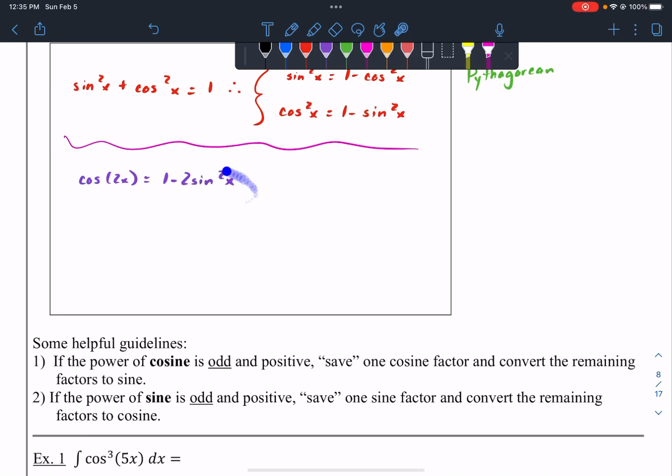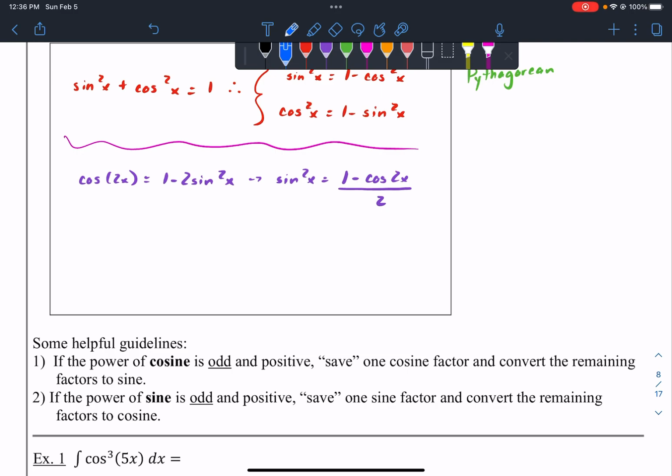So this identity can be used to manipulate this sine squared. We would have to do a little bit of subtraction and a little bit of division. And what we would end up with is sine squared is going to be equal to 1 minus cosine of 2x, and then all of that would be divided by 2. We call this a power-reducing identity because we can reduce sine squared into something that is not squared. So that's one of them.